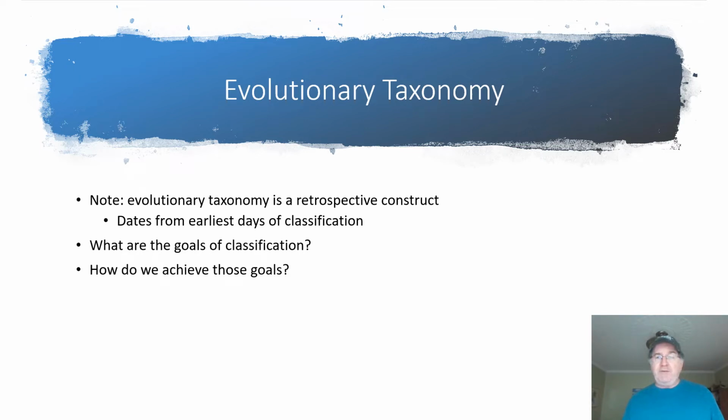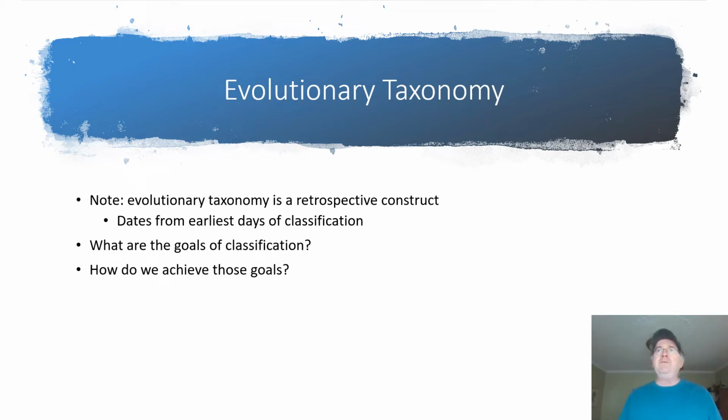So I guess the first thing we need to reiterate is, what are the goals of classification? And you'll find that the goals of classification are going to differ between these three schools of thought. For an evolutionary taxonomist, well, for all of them, there are certain things that they hold in common. The idea of a classification is an information storage and retrieval system, in a way. All the information about the characteristics that organisms have, their sequences, their behavior, their morphology, everything, that's information.